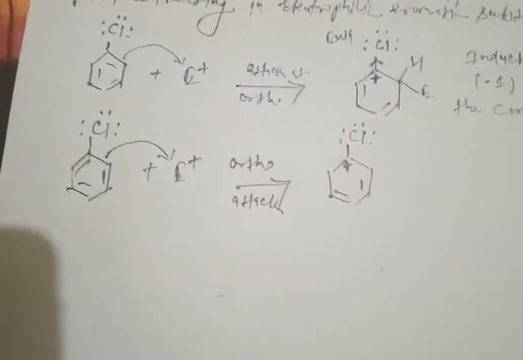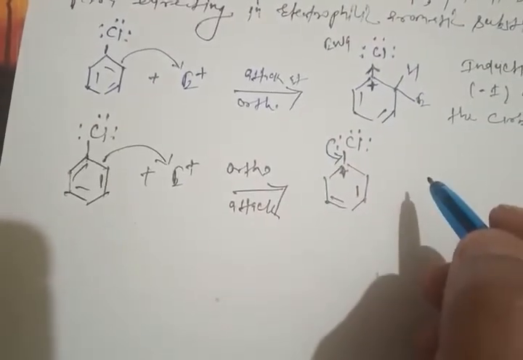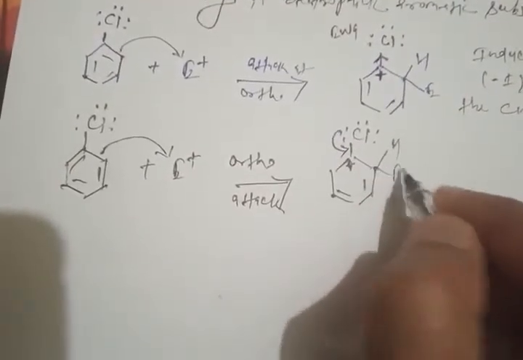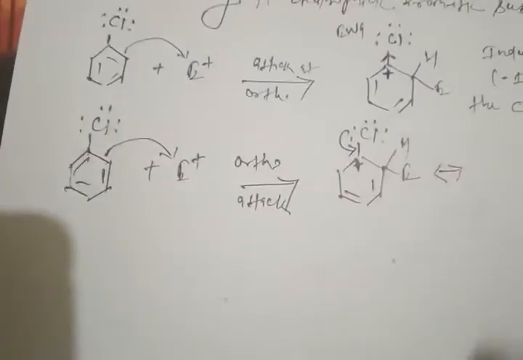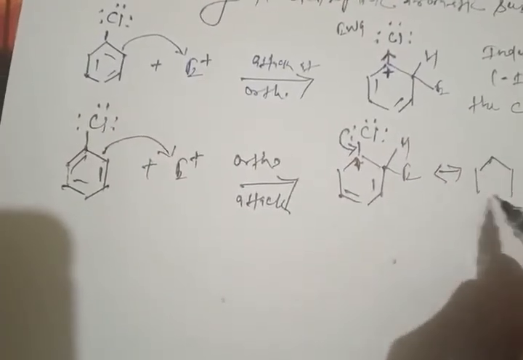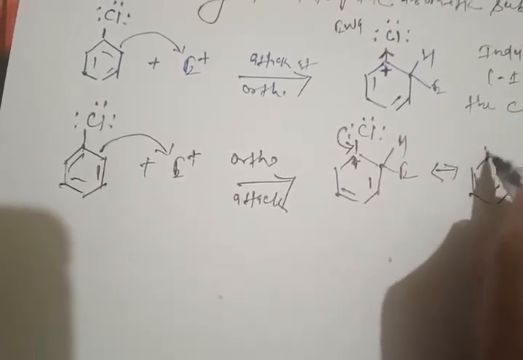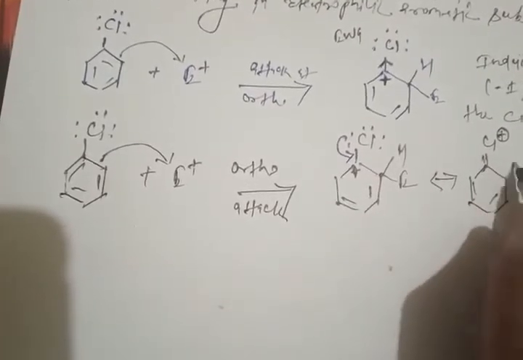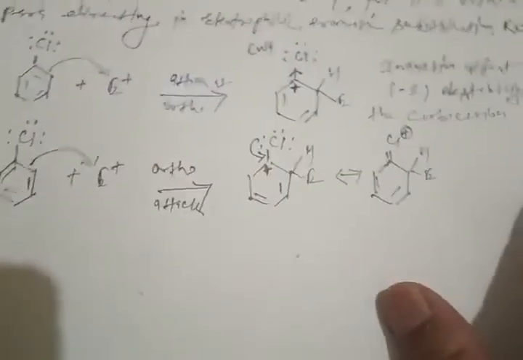If this electron moves to this side, that means the resonance effect works here. Let's draw this again, H and E. If the resonance effect works here, this will certainly stabilize the intermediate carbocation.